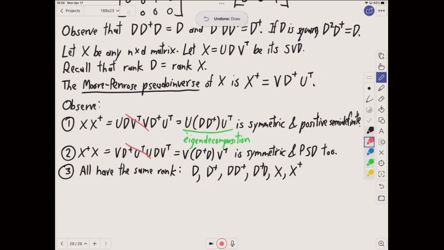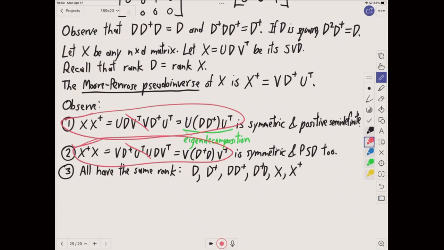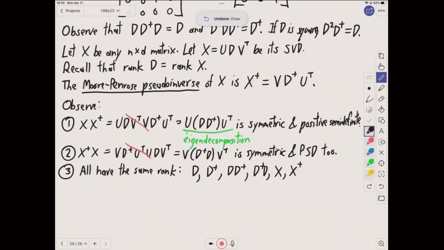And based on the two identities I just proved here, we can also see that X X pseudo-inverse and X pseudo-inverse X also have the same rank as these things.